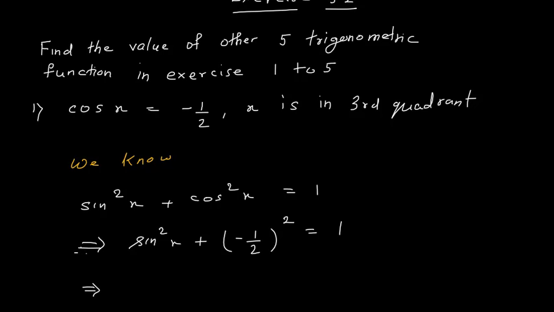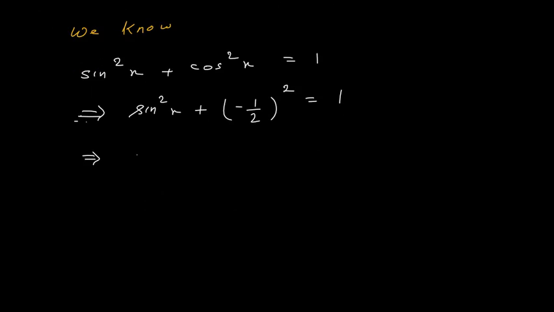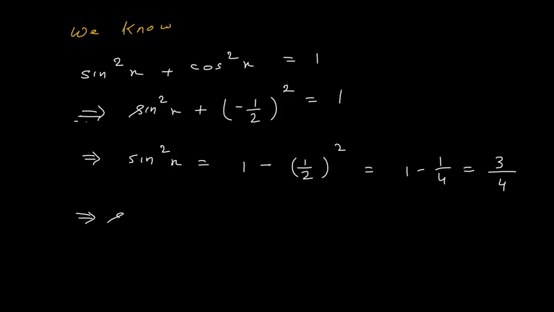This implies sin square x is equal to 1 minus 1 by 2 the whole square. So this is 1 minus 1 by 4, which is equal to 3 by 4. So sin square x is 3 by 4. This implies sin x is plus or minus root 3 by 2.